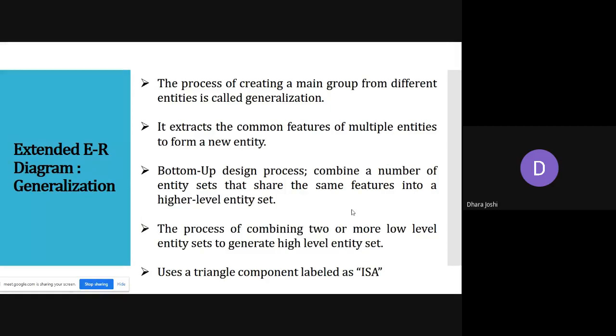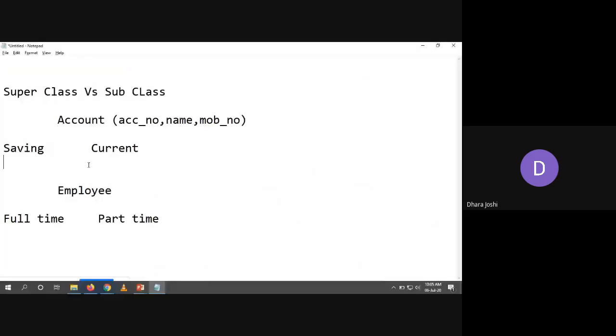It is the process of combining two or more low level entity sets to generate a high level entity set. So we combine saving and current, extract whatever common features they have, and move them forward to the superclass, which is called account.